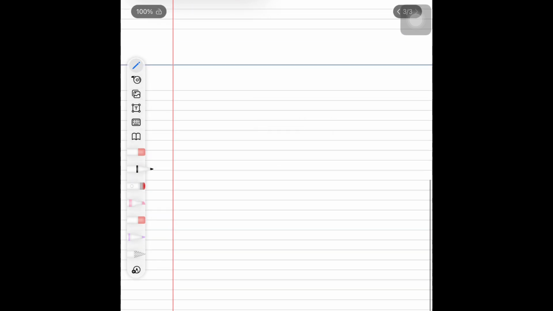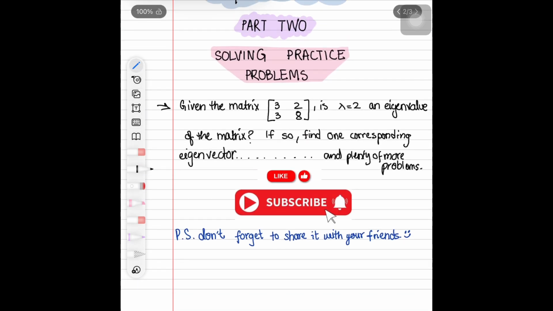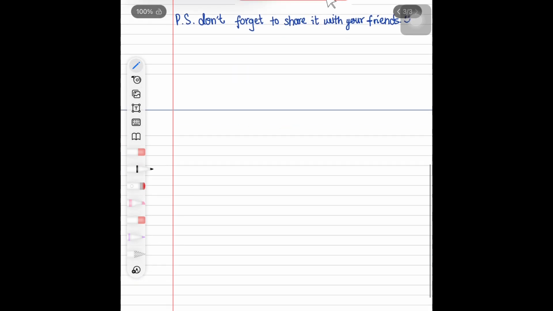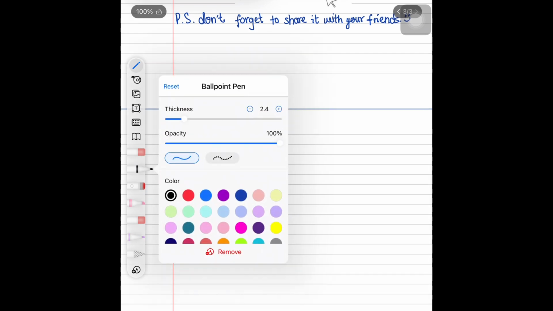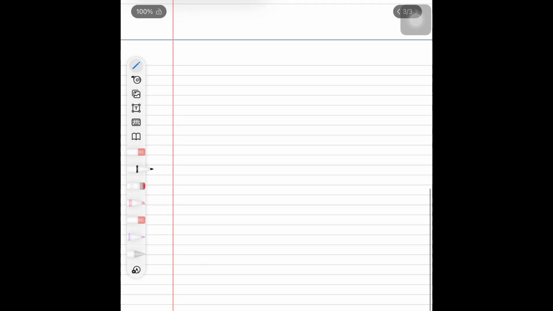So the first problem is basically the same as this one. So we have the matrix 3, 2, 3, 8.